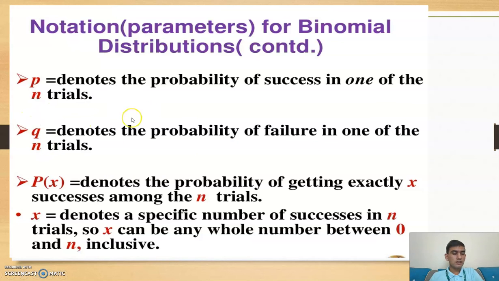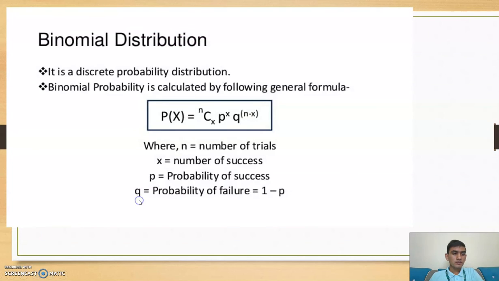P of X denotes the probability of getting exactly X successes among the n trials. X is a specific number of successes in n trials, and X can be any whole number between 0 and n, inclusive.